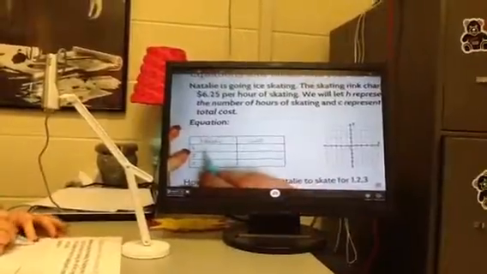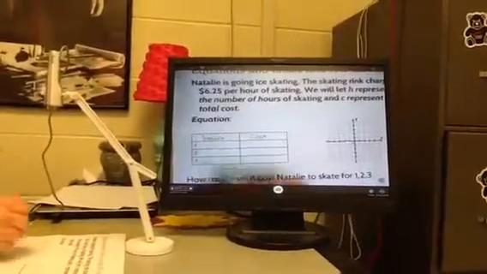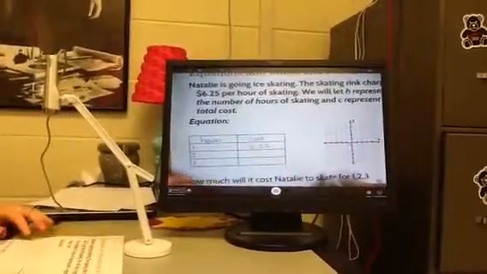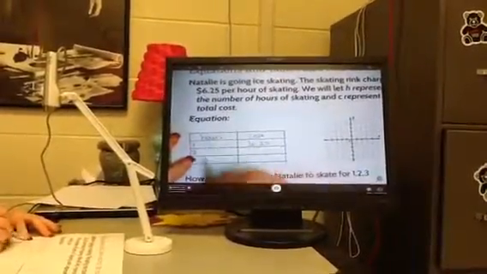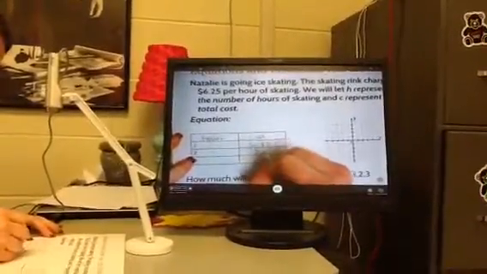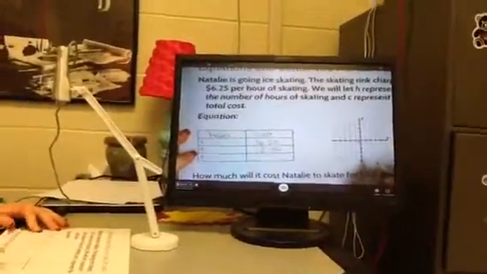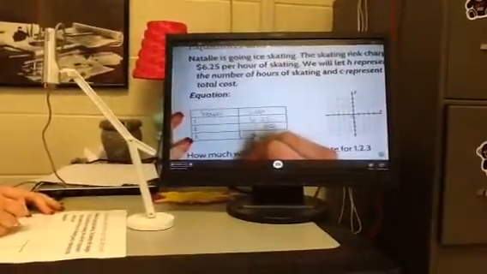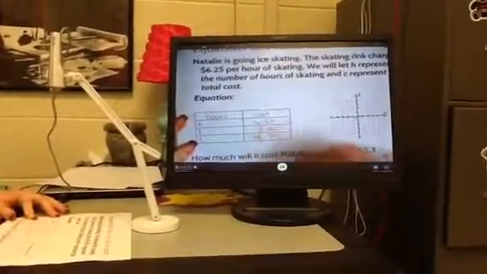So if she skates for 1 hour, the cost is going to be $6.25. If she skates for 2 hours, the cost is going to be $12.50. And if she skates for 3 hours, the cost is going to be $18.75.